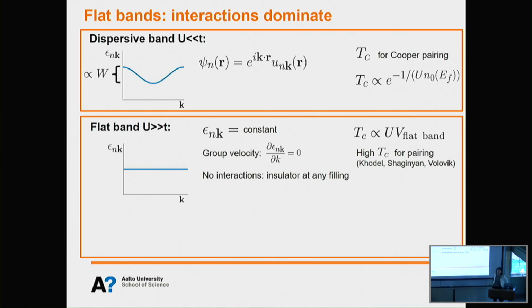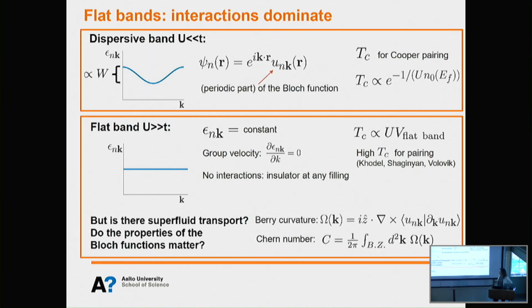And this can lead, in principle, to very high critical temperatures. So maybe a flat band would be the route eventually to room temperature superconductors, which I think we are all after in the end. V_flat band is the volume of the flat band. So it's just integrating over all the momenta that you have there.